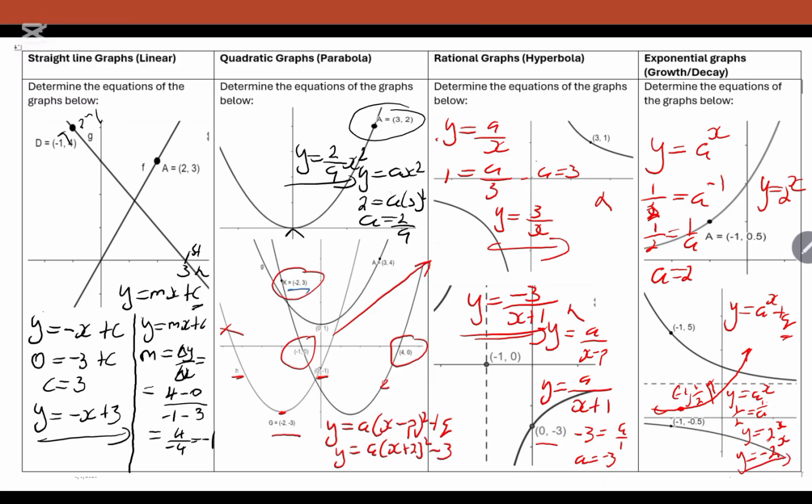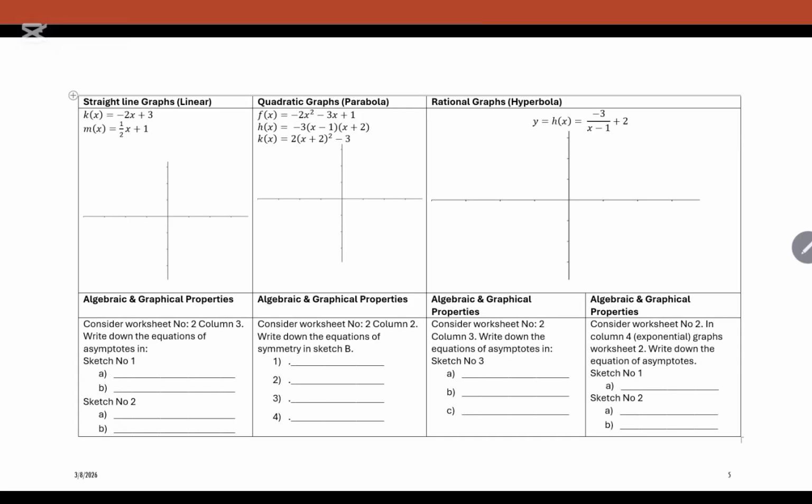So this is just the work that the learners did in grade 11 downwards, all the way to grade 8. So this revision is very important. Now, if you check these other questions in worksheet number 3, basically here I put some questions that are not necessarily of the very lower grade.